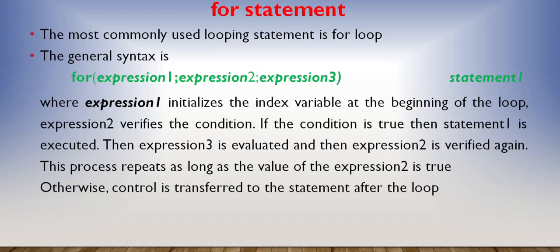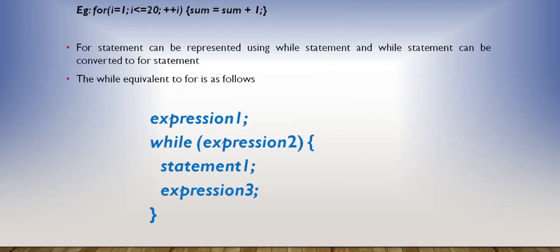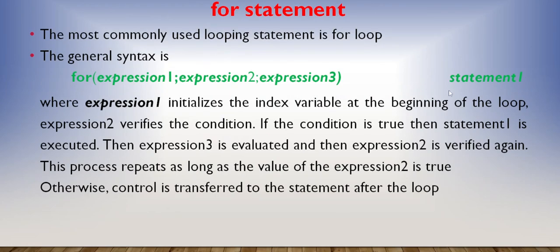But it is more general, and even if you don't know how many times the statements are to be executed, you can still use the for statement. The for statement can be converted to a while statement, and a while statement can be converted to a for statement. Consider for expression 1, expression 2, expression 3 statement.